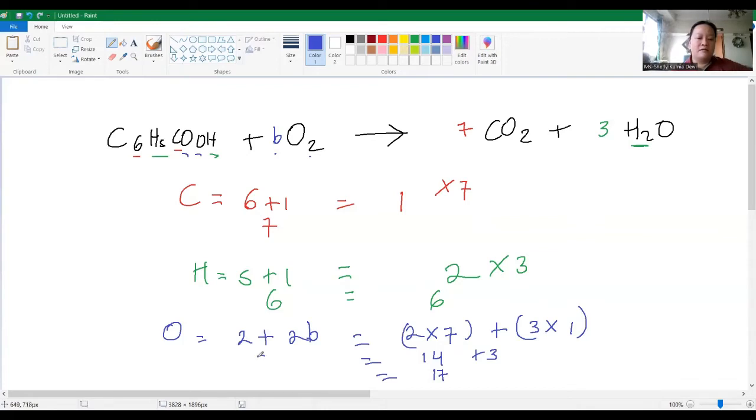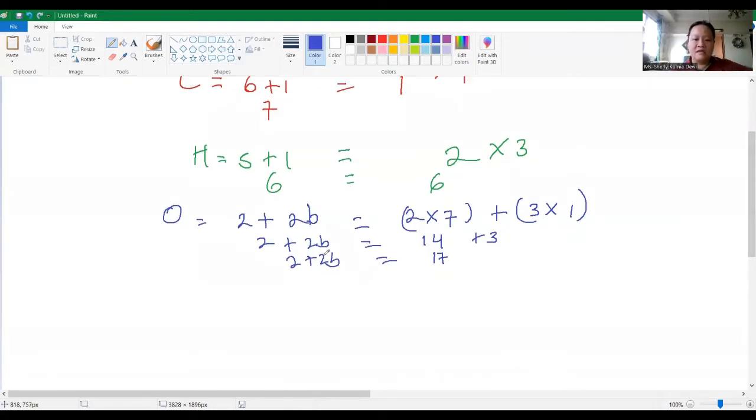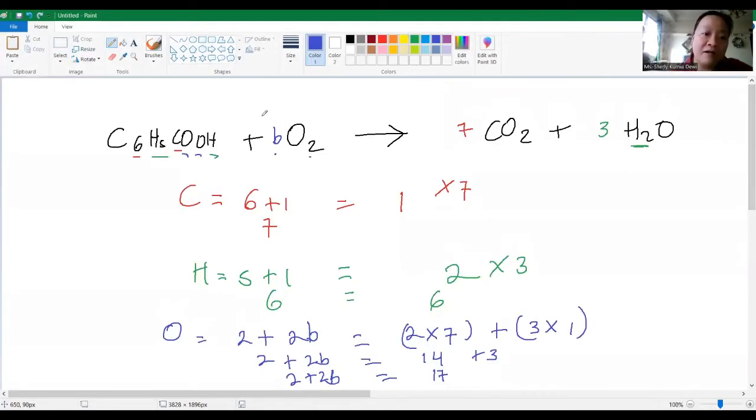Yeah. This one is 2 plus 2b, and then it's balanced for sure. So 2b is 17 minus 2. 2b is equal to 15. So b is 7.5. Can you have it? If it's 7.5, I can replace this b with 7.5.